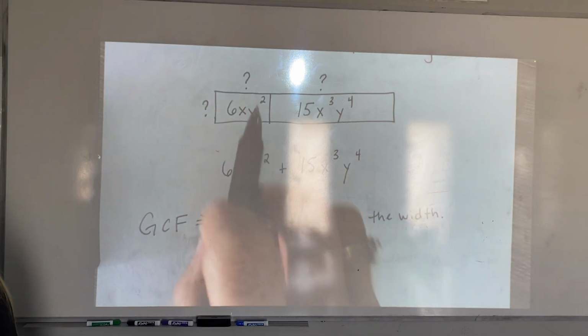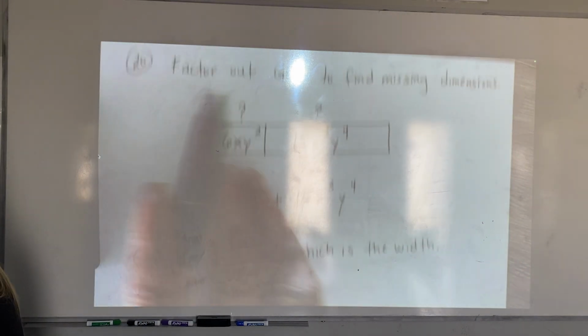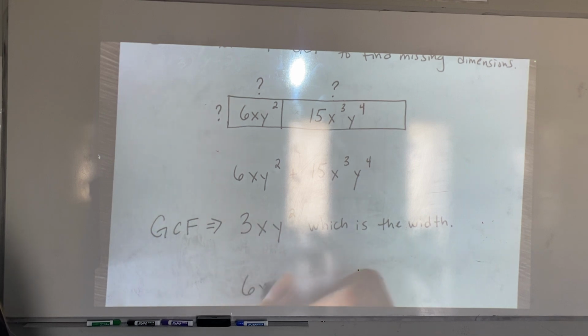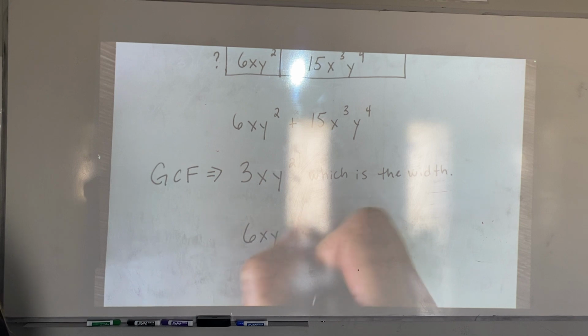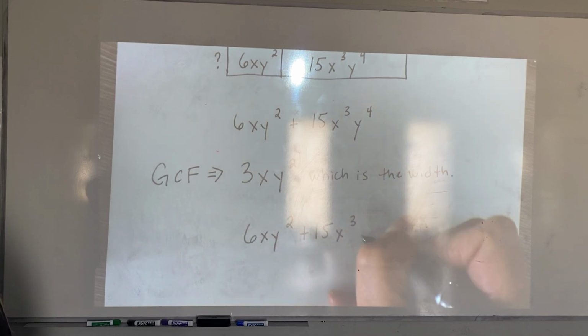Now we need the length of this and the length of this. Well, when we factor it out, so let's factor out the GCF, we're going to take our binomial here and do what we do whenever we factor out a GCF.